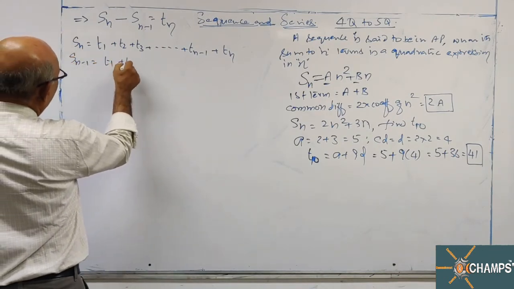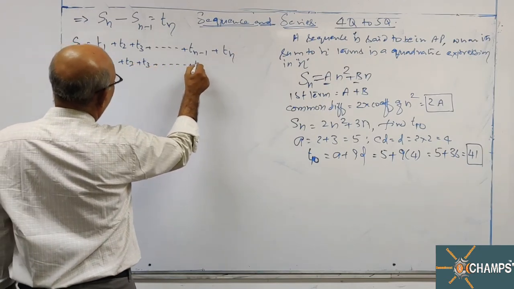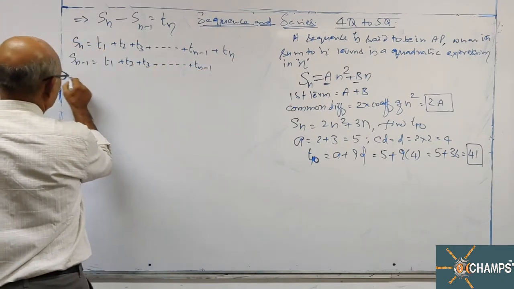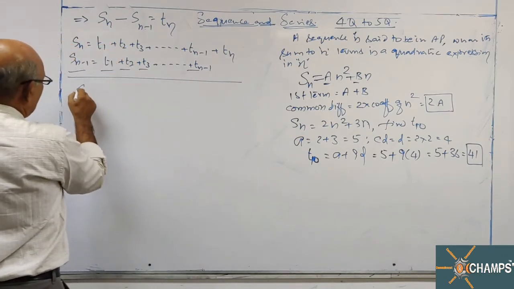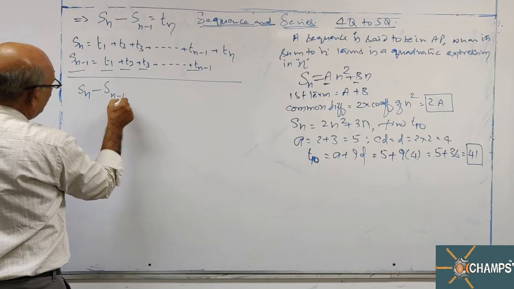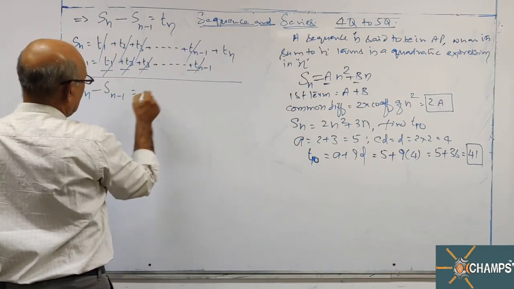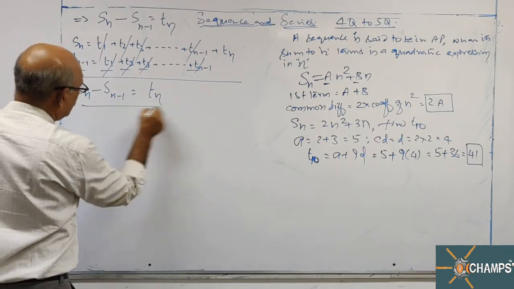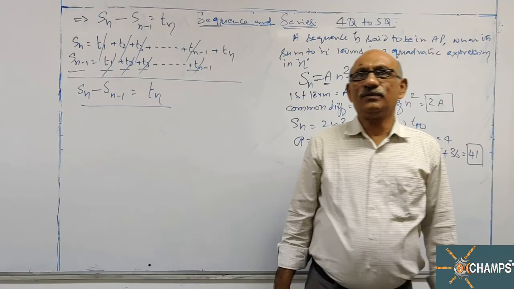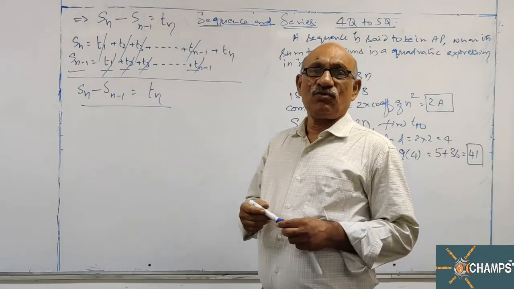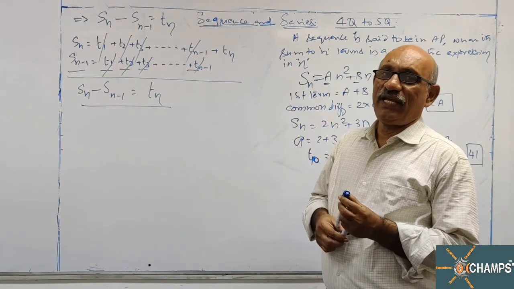Adding the n minus 1 terms only. Subtract: Sn minus S of n minus 1. These terms cancel, leaving Tn. So Sn minus S of n minus 1 is always the general term of the sequence, Tn.